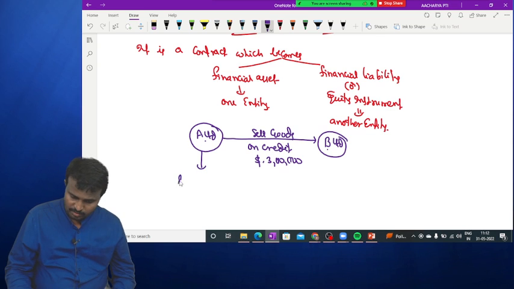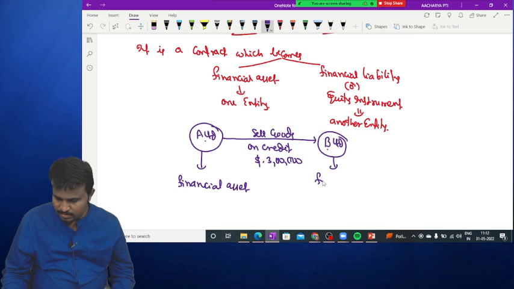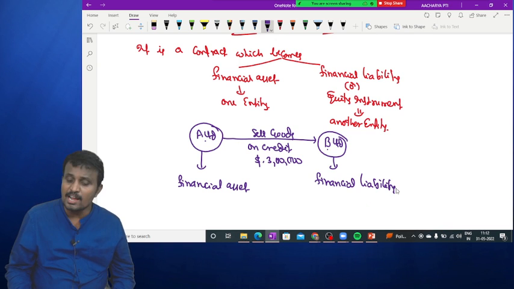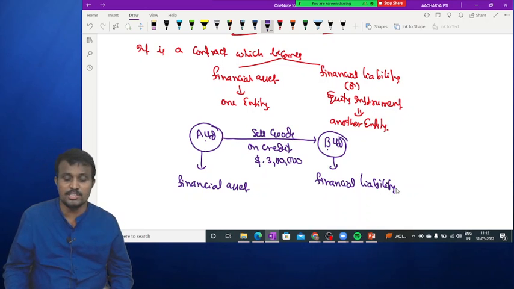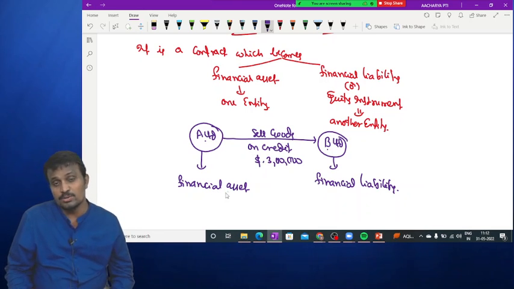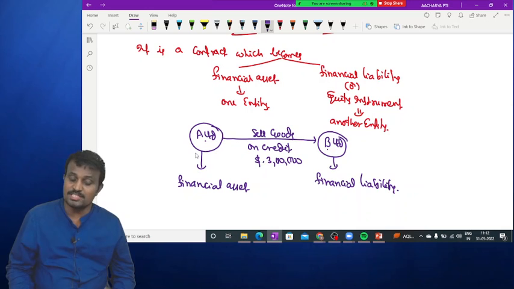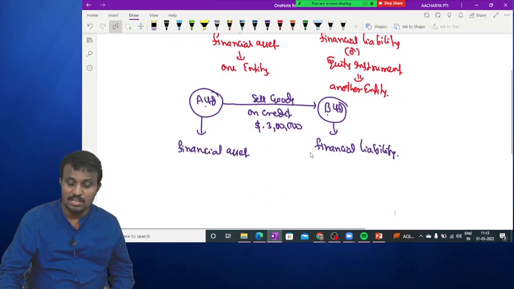So it will become a financial asset to A Limited and a financial liability to B Limited. So A Limited is going to receive the amount in future, the benefits in terms of cash or in kind. That's why it becomes an asset to A Limited and a liability to B Limited.